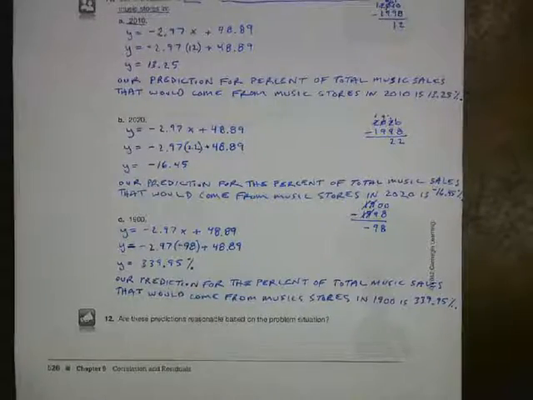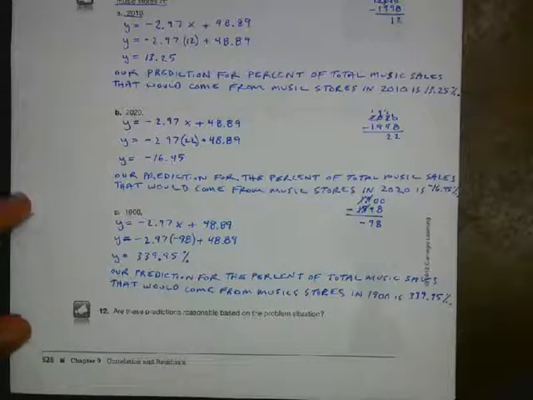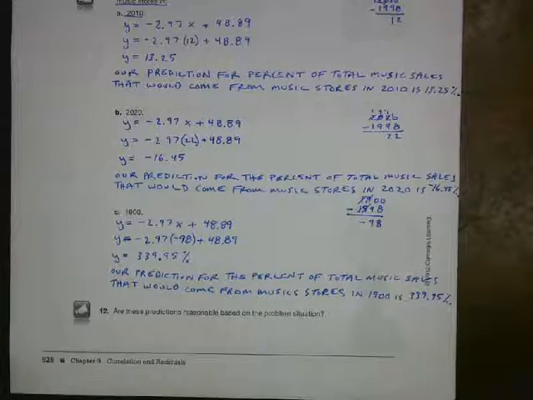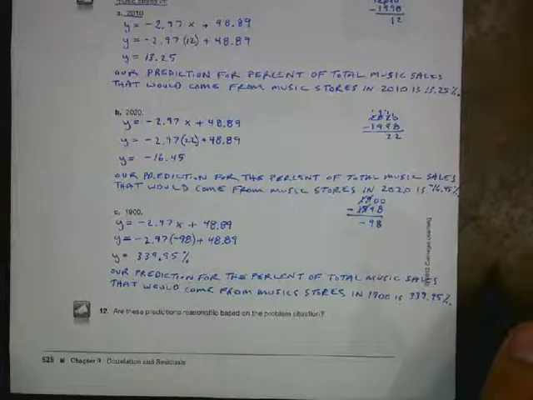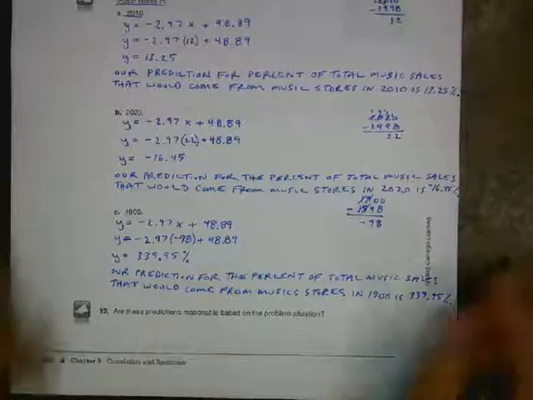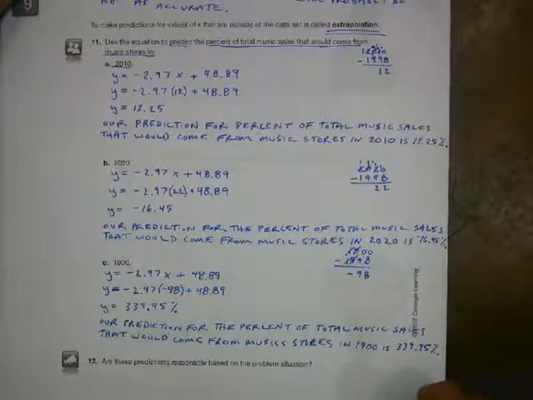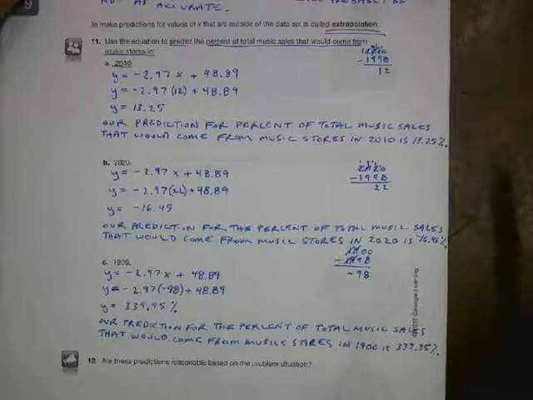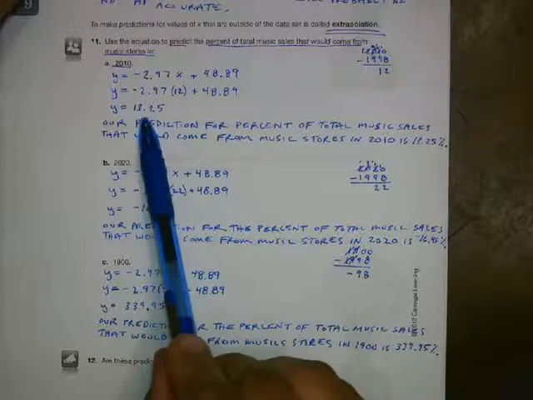Okay, so now they ask us, are these predictions reasonable based on the problem situation? So we could say, if we glance at all these again, take a look at them. The one in 2010, that seems reasonable, 13.25%.